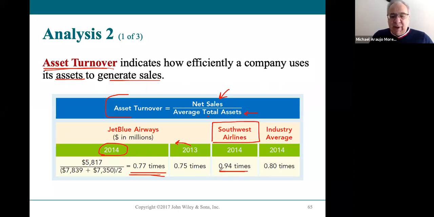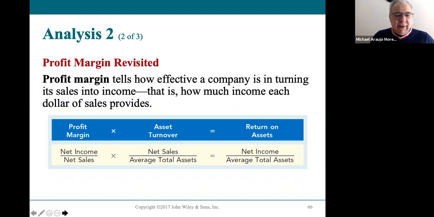So in that sense, Southwest is doing a better job than JetBlue. But JetBlue is not bad. The industry itself has about a 0.8 times asset turnover ratio, which means roughly the industry as a whole is generating about 80 cents of sales for every dollar of total assets that they have, which means that JetBlue is in the ballpark, but Southwest is doing an extraordinary job at using its assets to generate sales.